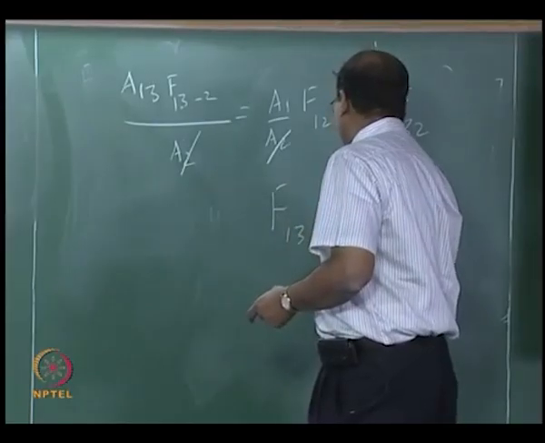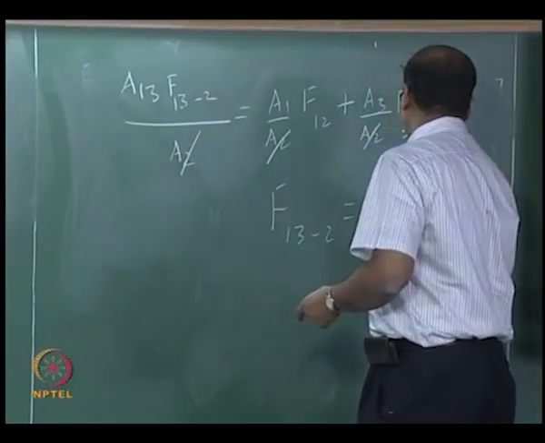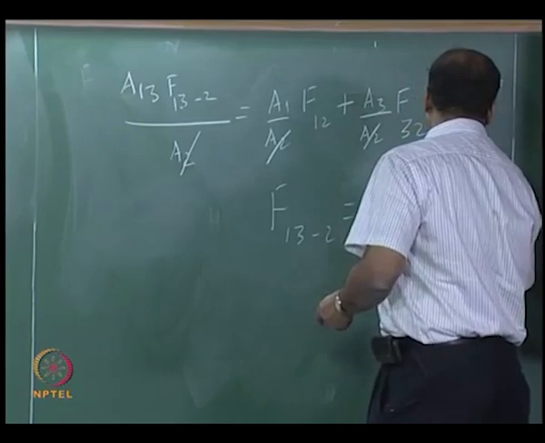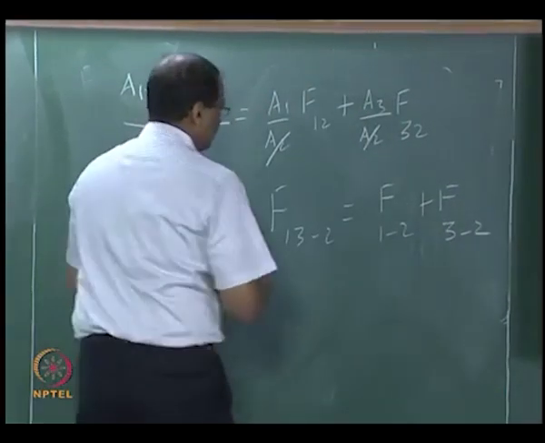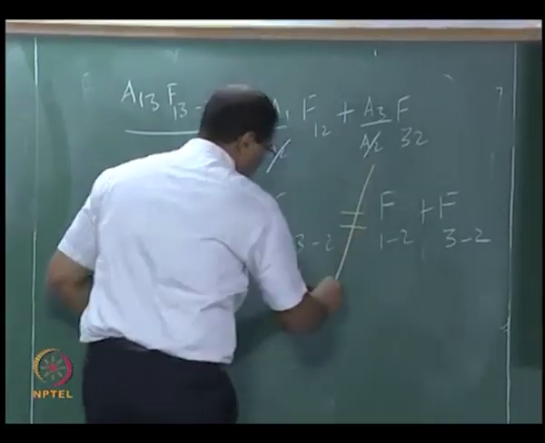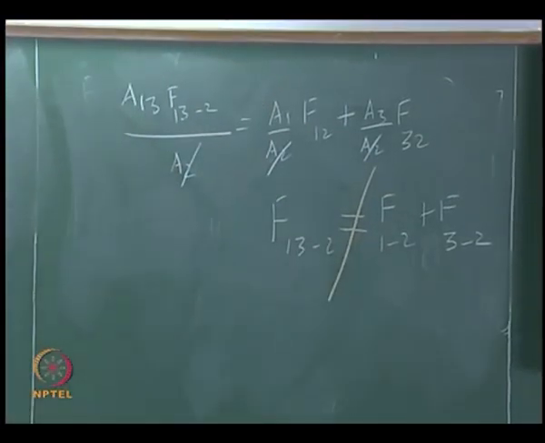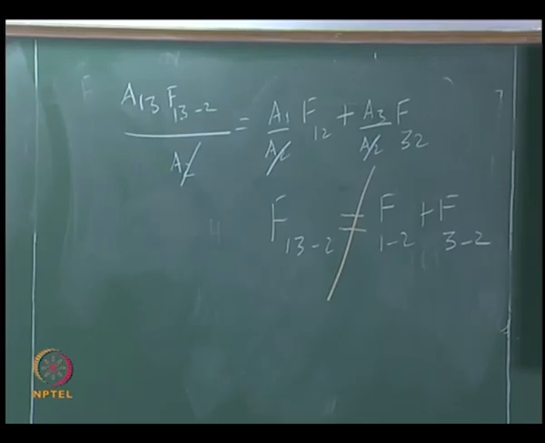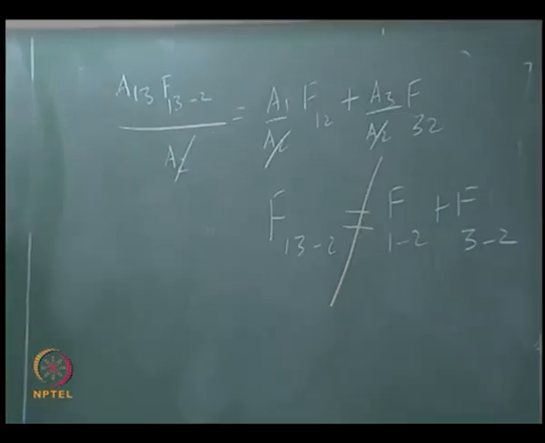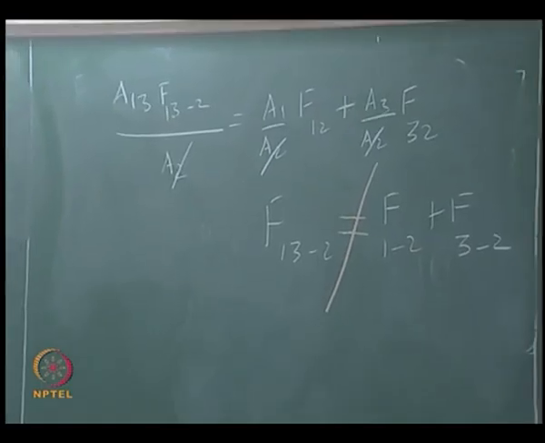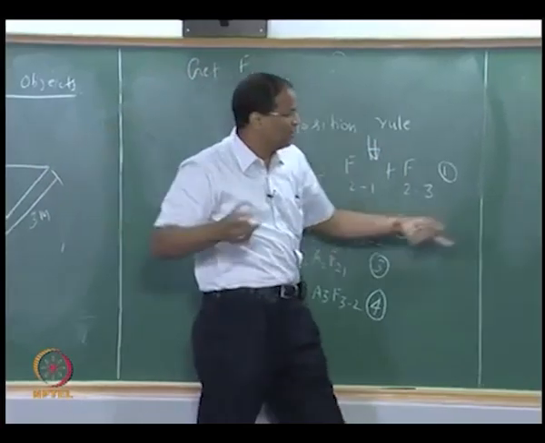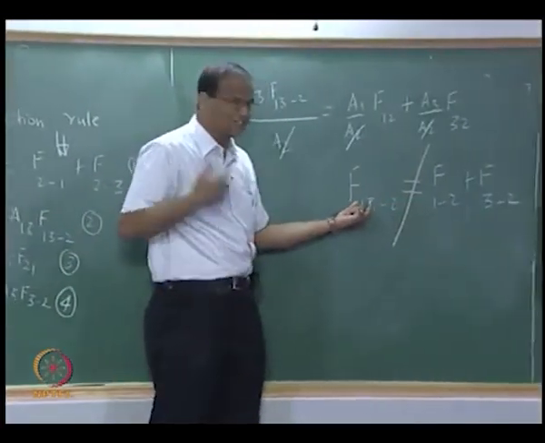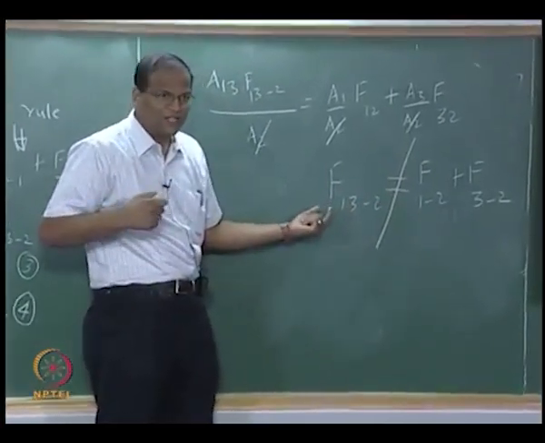F13 to 2 here it is valid because it is originating from one surface to the remaining two surfaces, but if it is from 1 to 3 you cannot break it because 1 3 has got one area. Okay, are you getting the point?